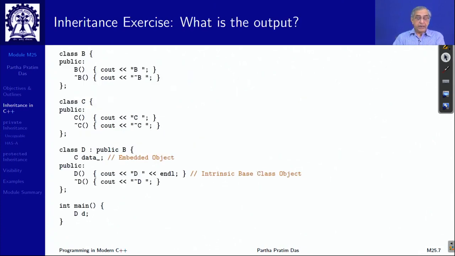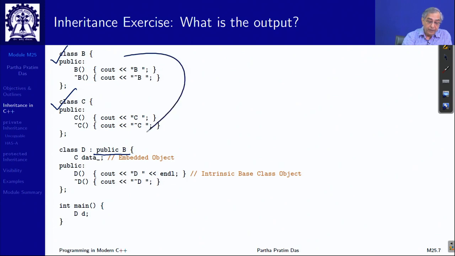This is what we have seen. Again, I am repeating the example just to illustrate the point that there is a class B, there is a class C, both of them are two independent classes. D is derived from B, it is a public inheritance.